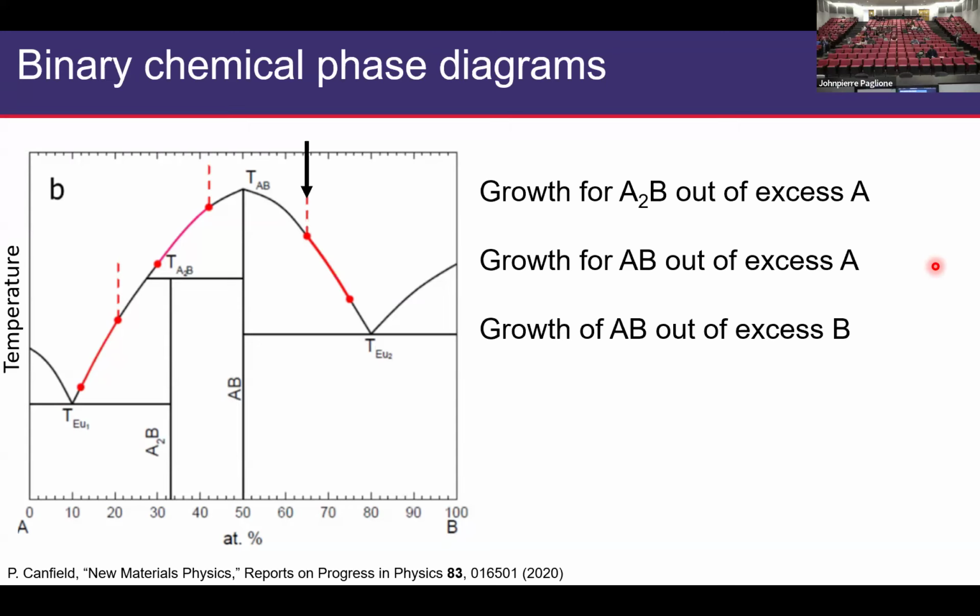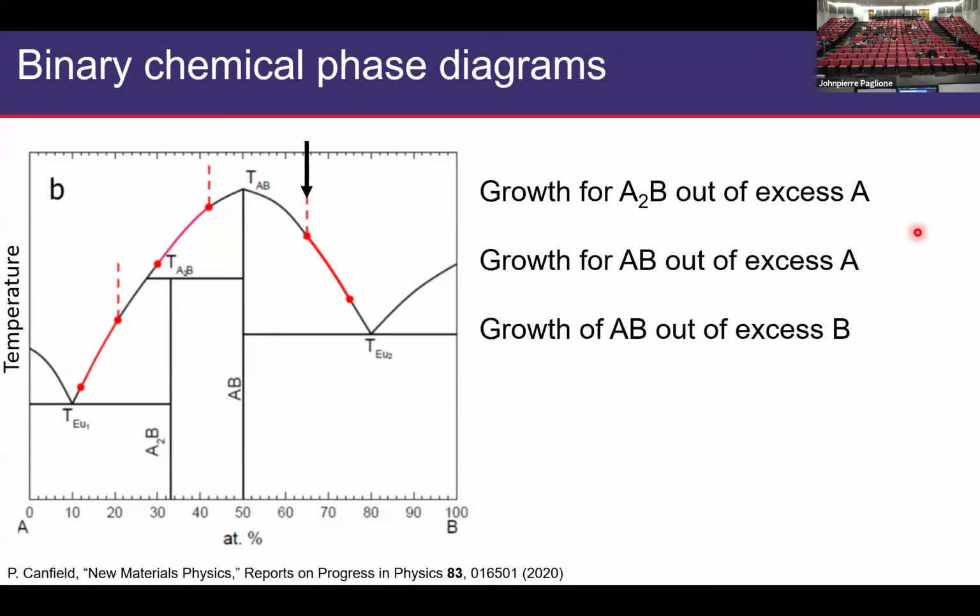Yeah, I wanted to ask, when we are growing AB out of an excess of one of the elements, how much excess do we need, and is this specific to only flux growth, or for other types of growth as well? Okay, so the question is, how do you determine how much excess of flux you would need?